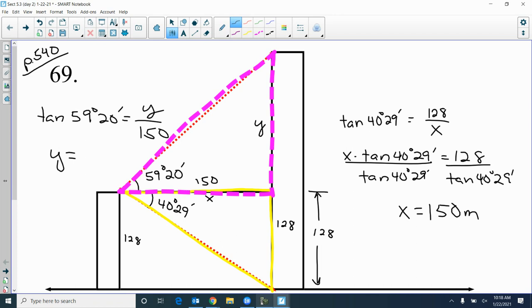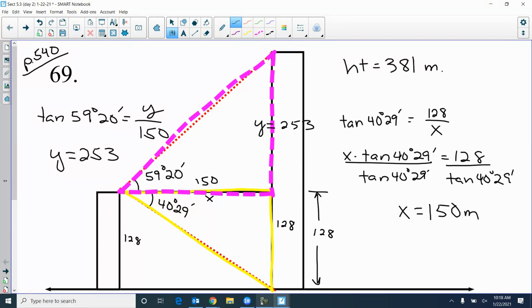So y is 253, and for the final answer, you gotta add 253 and 128. So what is that? 353, 63, 70, 381? Okay, 381 meters. So the height is 381 meters for that one.